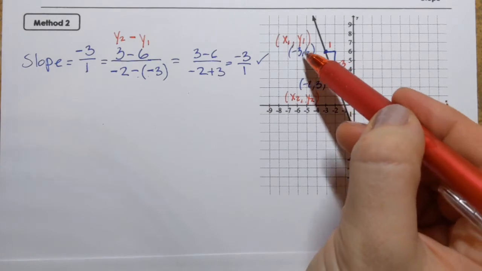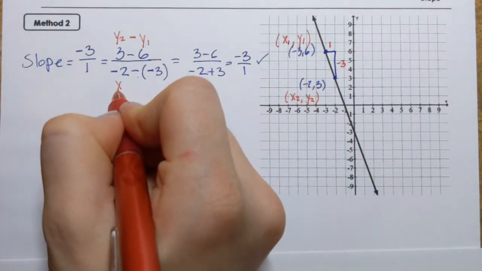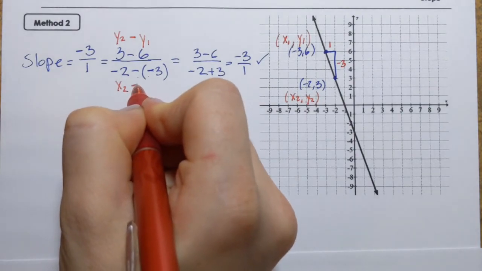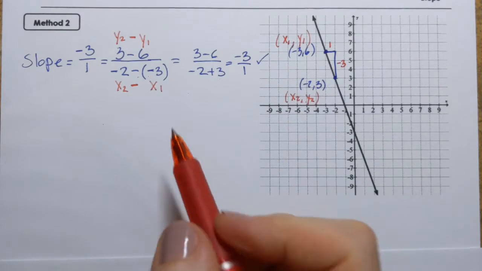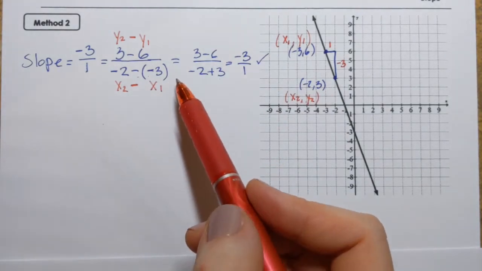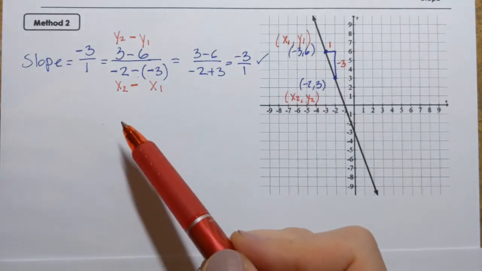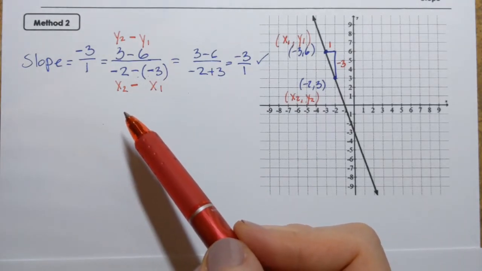And then for the x coordinates, -2 is the x coordinate of the second point, so x2, and then again I subtracted the x coordinate of the first point, so x2 minus x1. And guess what? That is the formula that we can use for finding the slope of a line.